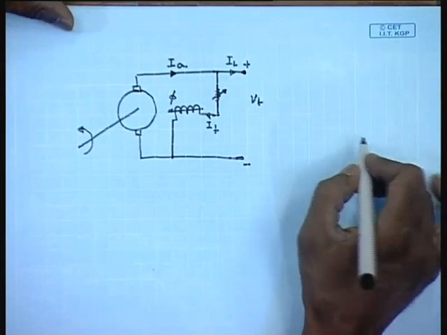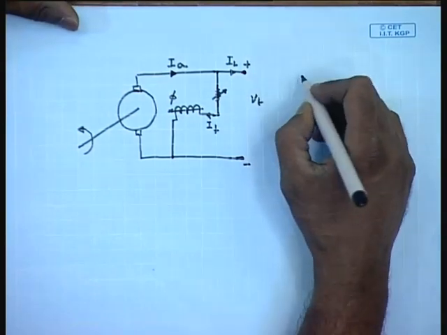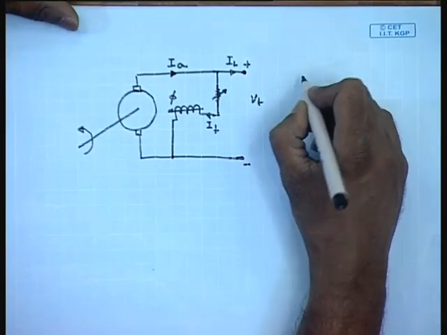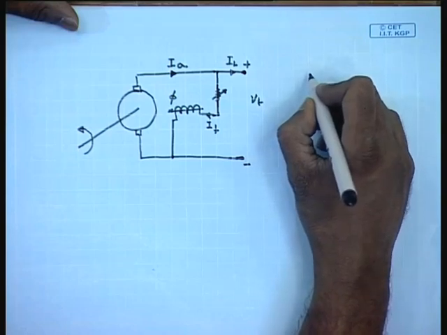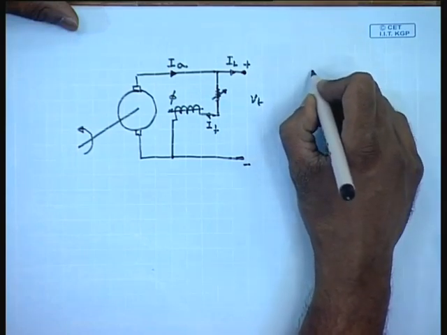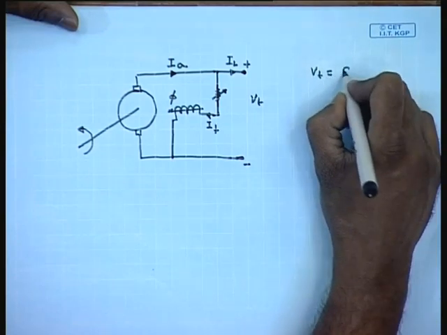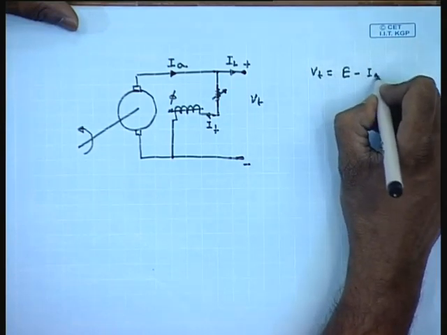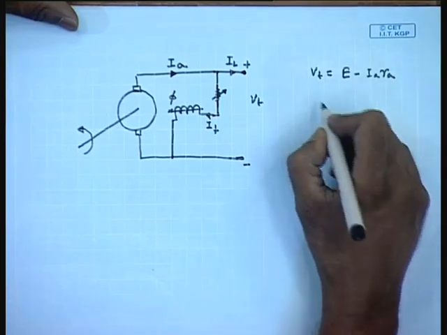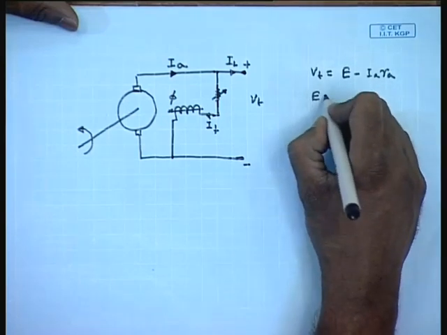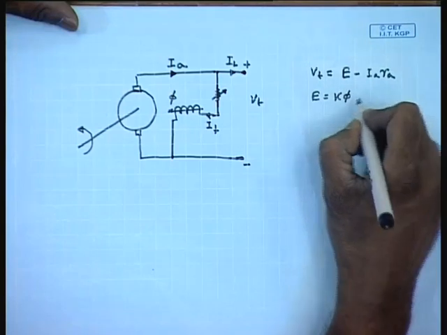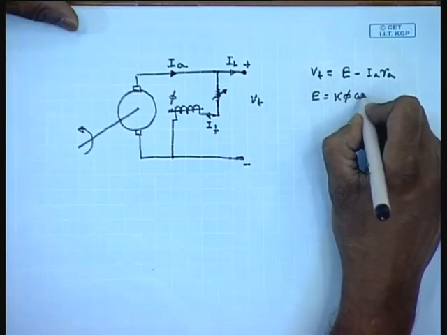Now, for this generator, we can write Vt equal to E minus Ia Ra, where E equal to k phi omega.